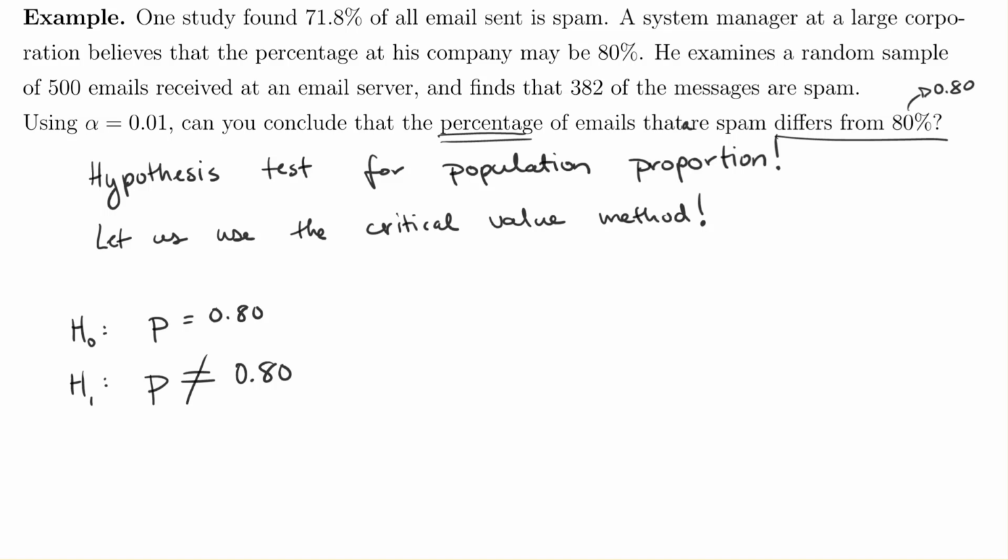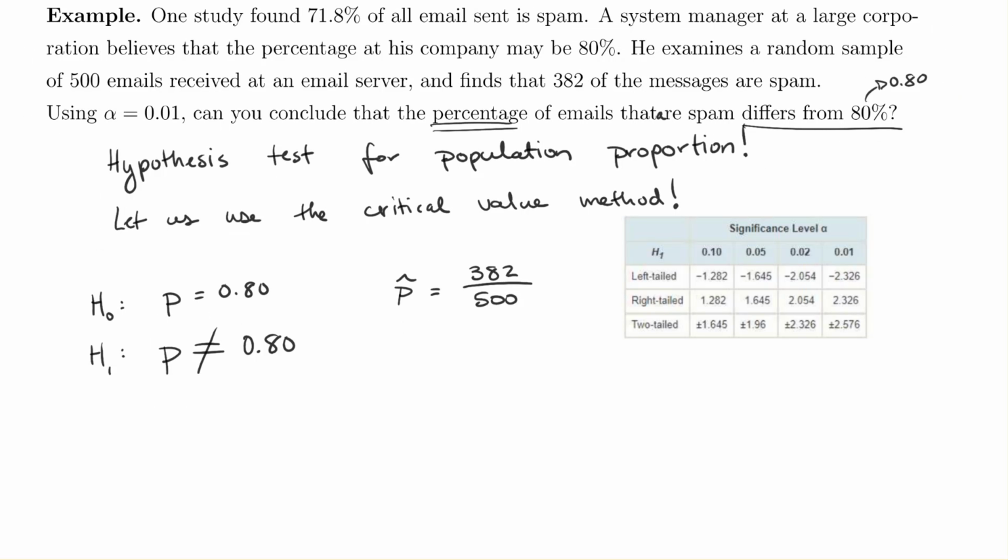And now for population proportion, I need the value p hat, which is your sample proportion, which is 382 out of the 500. And for the critical value method, if you look back in your notes, you'll find this chart that gives you your critical value based on whether your test is two-tailed, right-tailed, left-tailed for a few different significance levels.